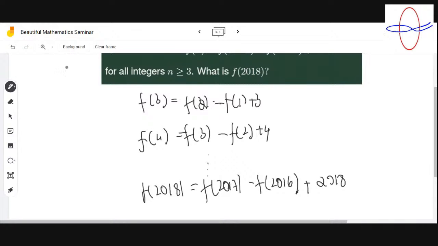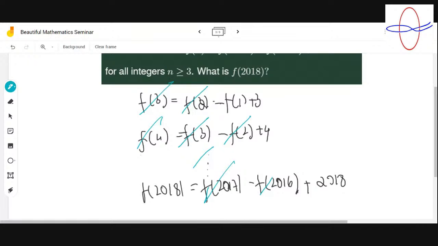So observe that I add it up, all of this. This gets cancelled. This gets cancelled. This gets cancelled. So what else? All of this will get cancelled. So what is left? That's the idea.